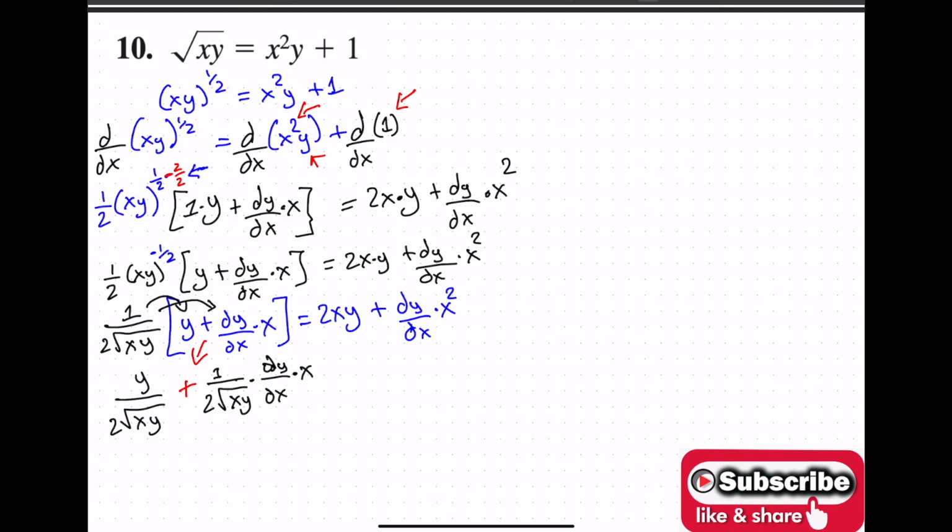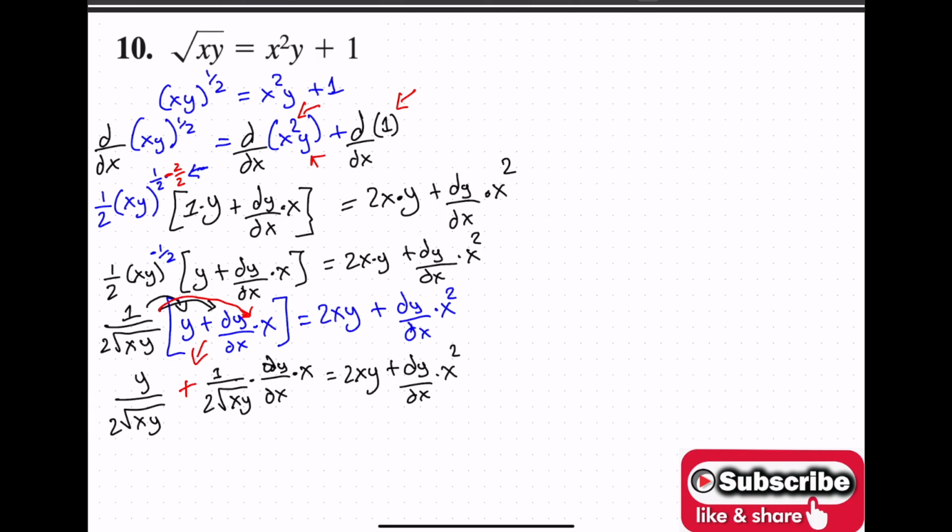This is where I'm at. I'm distributing this term to here, and that's equal to 2xy plus dy/dx times x squared. Now let's try to move the terms that I need to move.